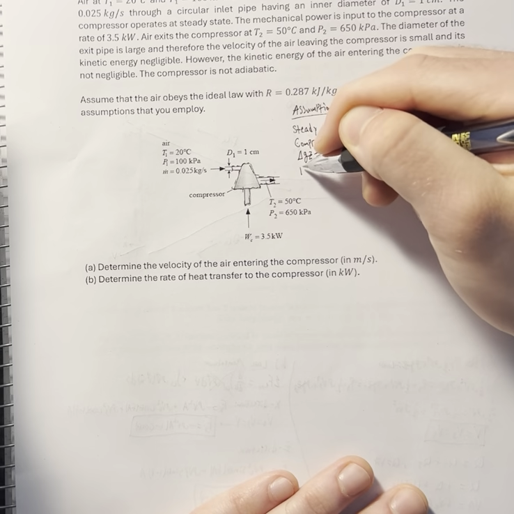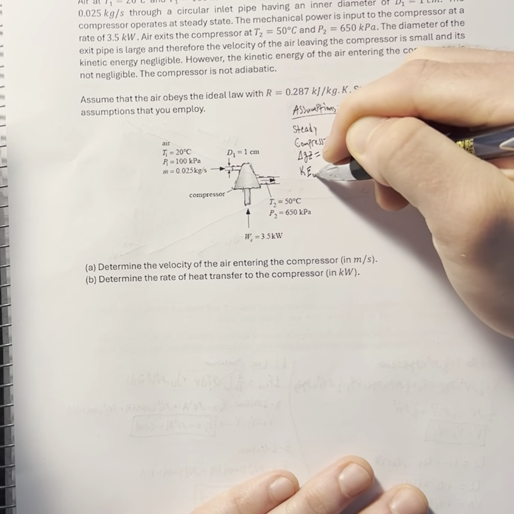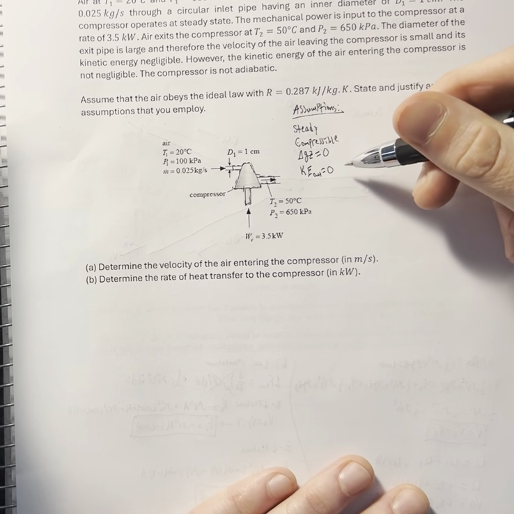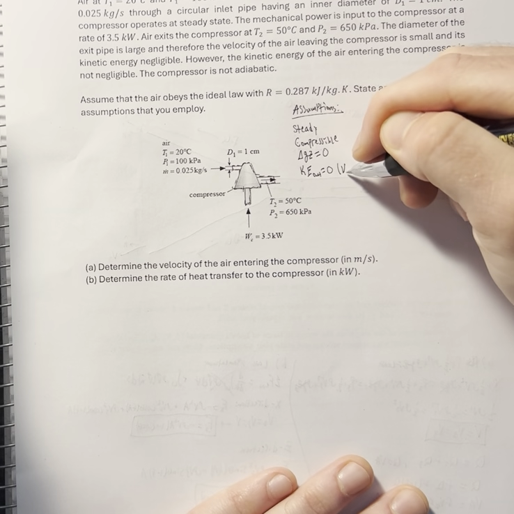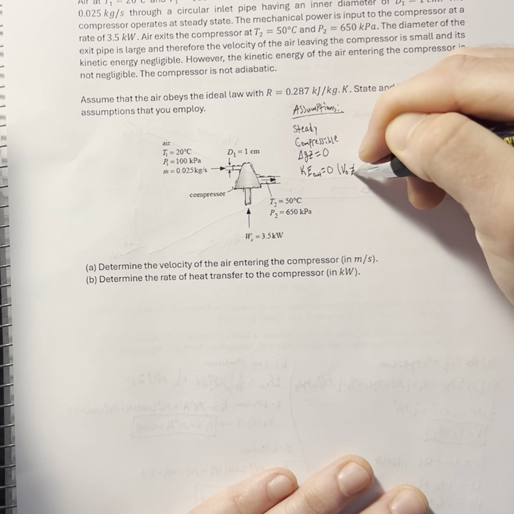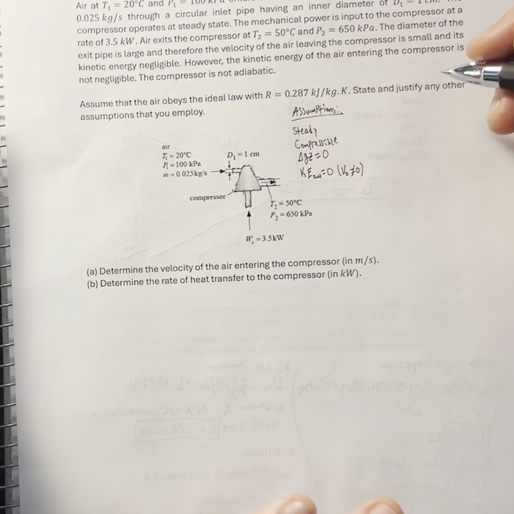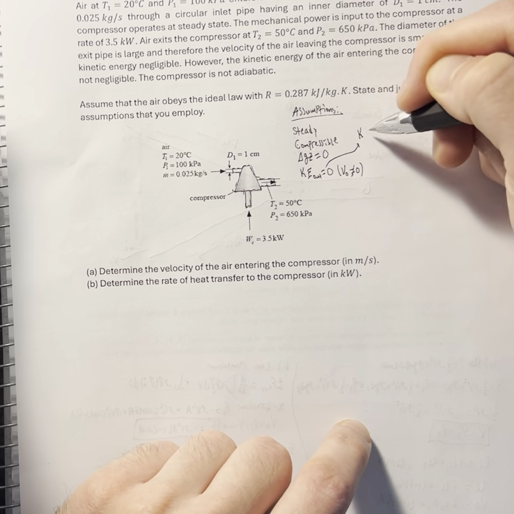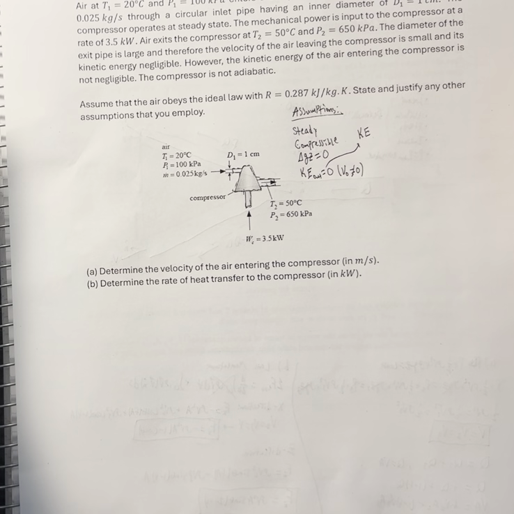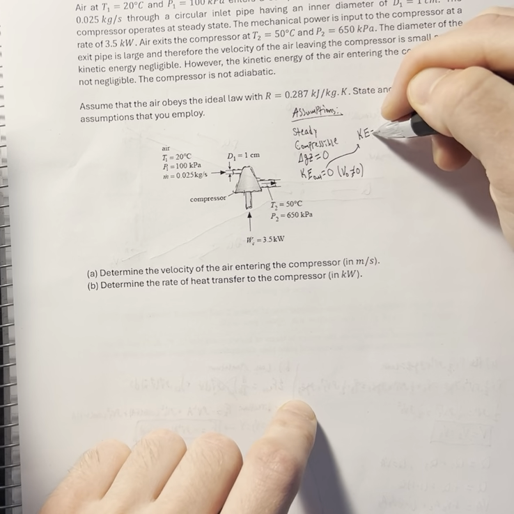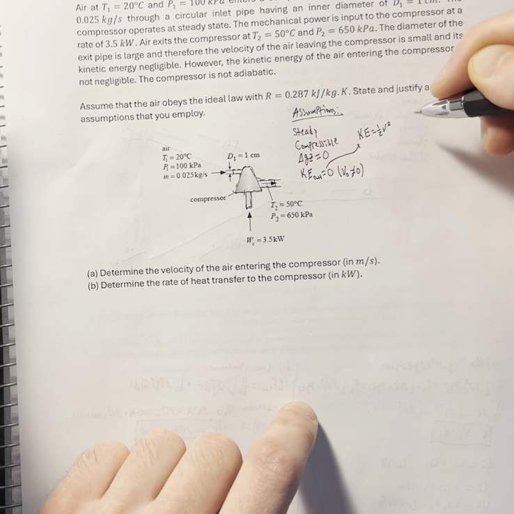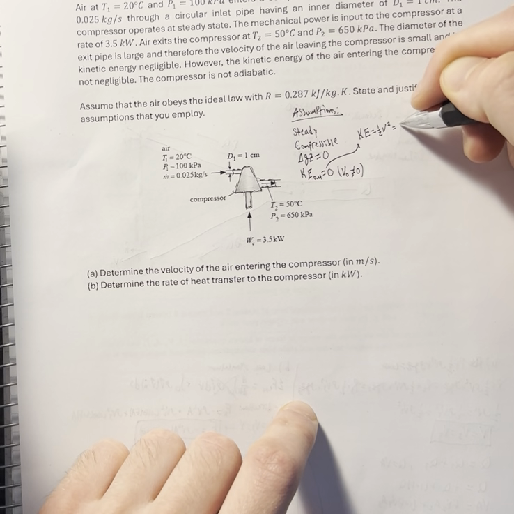And this is a big one. KE out equals 0, okay? But that said, V out does not necessarily equal 0. But kinetic energy, I guess this is specific kinetic energy, this is that 1/2 v squared term, equals 0.